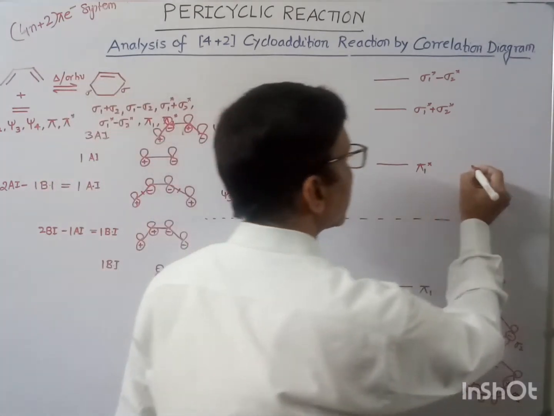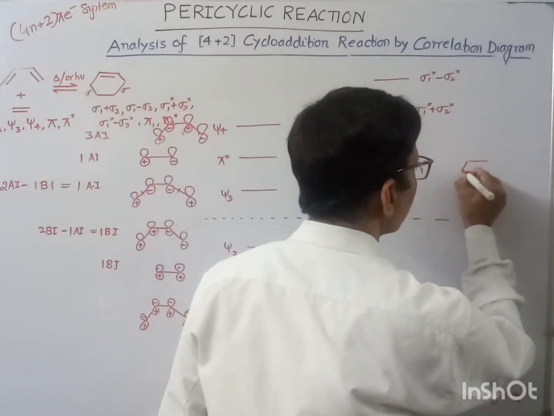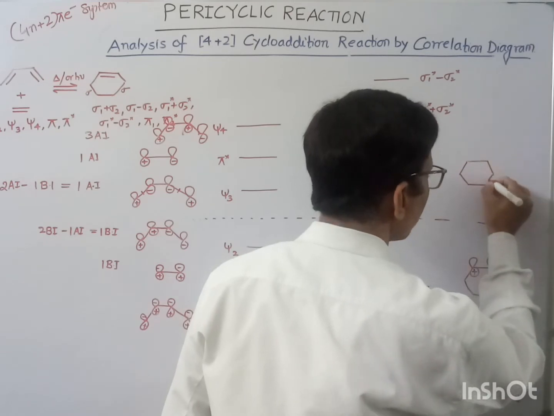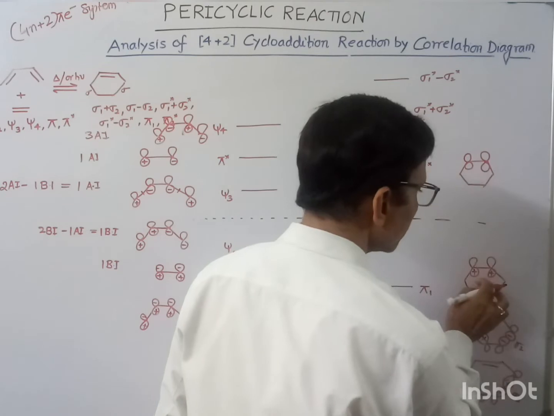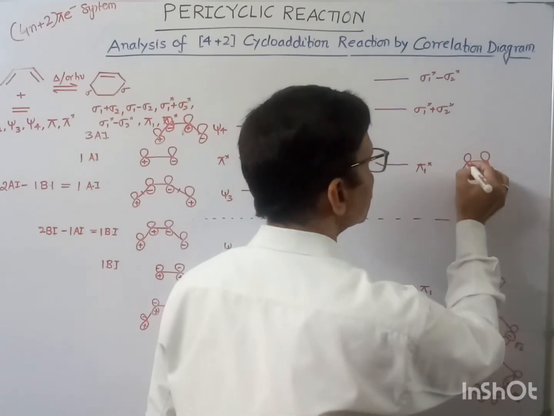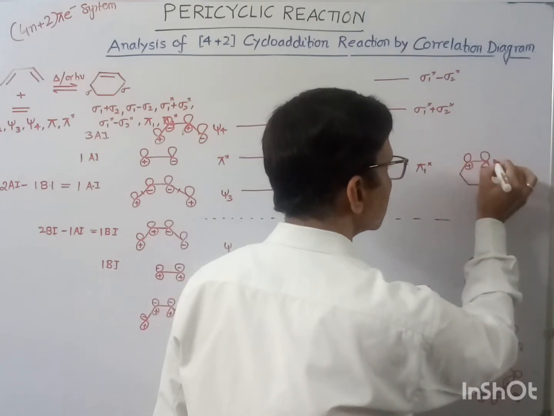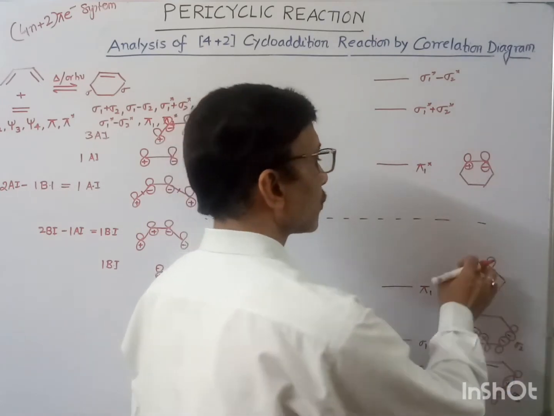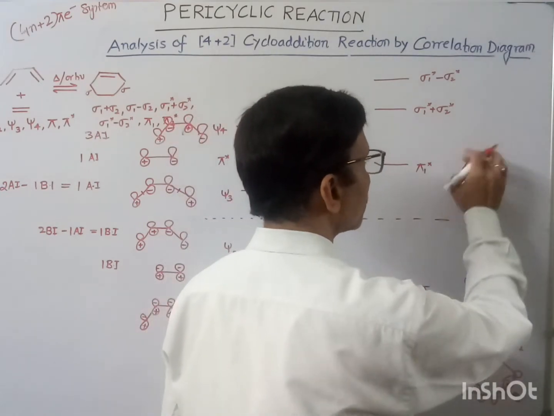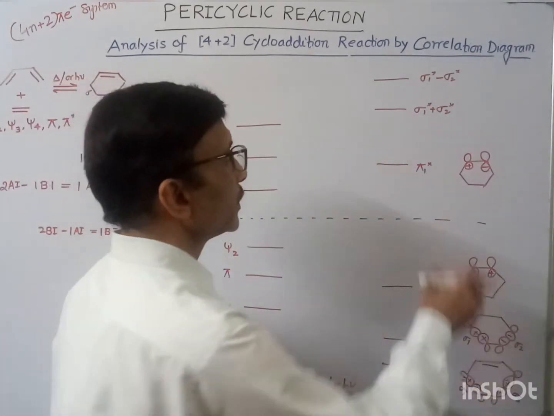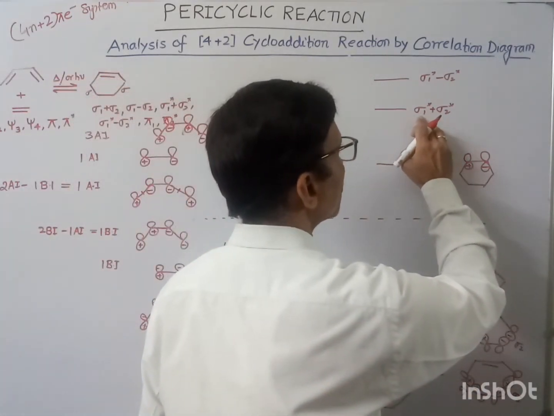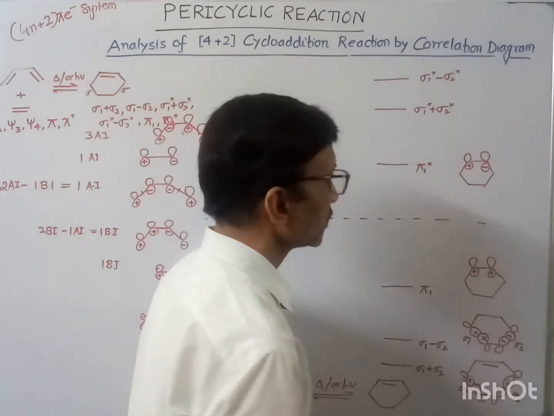In the same way we may write for this one. So if this is pi 1, then pi 1 star is, this is plus and this is minus. We may give the sign for this upper lobe, and this would be just the opposite for this lower lobe. Now what about this sigma 1 star plus sigma 2 star?